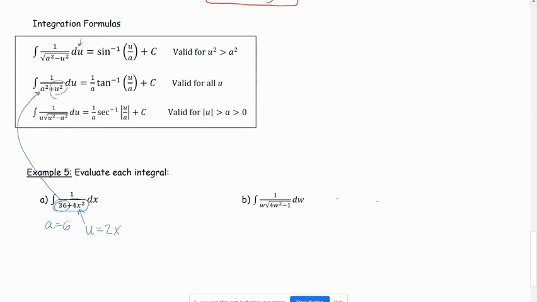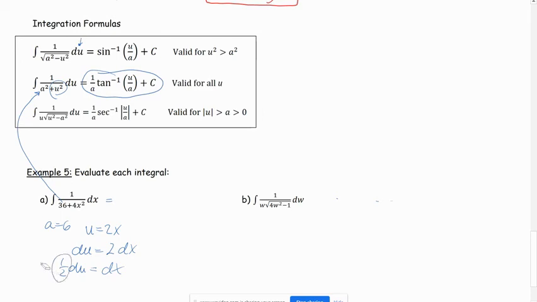And so here's where the substitution step comes in. So I have u equals 2x, du equals 2 dx, which means dx is going to get replaced by 1/2 du. If you don't do this step and you just plug directly into this formula, your answer is going to be off by a factor of 1/2, because it won't have the 1/2 in front.